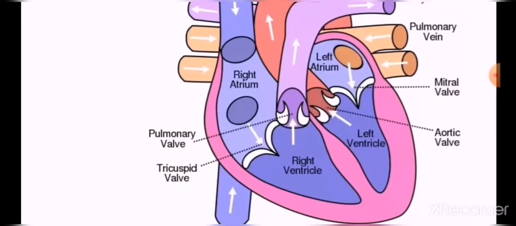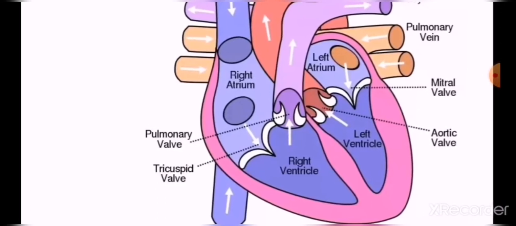So you can differentiate between each two atria. The atrium in the right side is called the right atrium, and the atrium in the left side is called the left atrium.